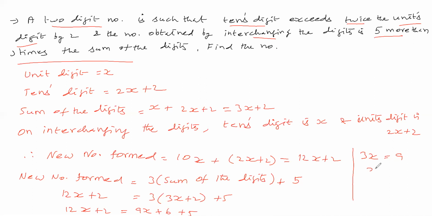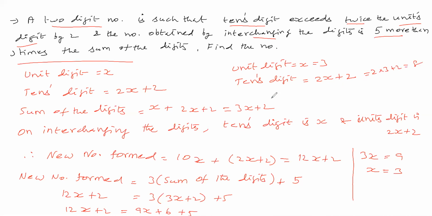3x is equal to 9. Therefore, x is equal to 3. So the unit digit is x, which is 3. Then the tens digit is 2x plus 2, which is 2 into 3 plus 2, equal to 8.